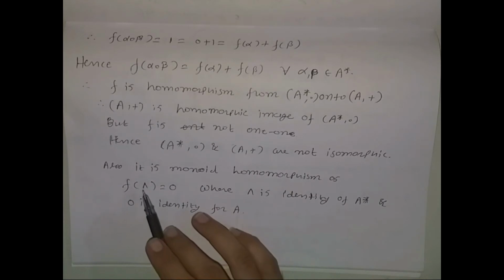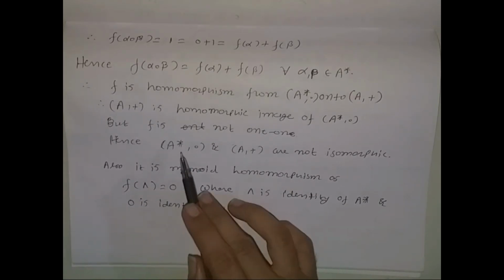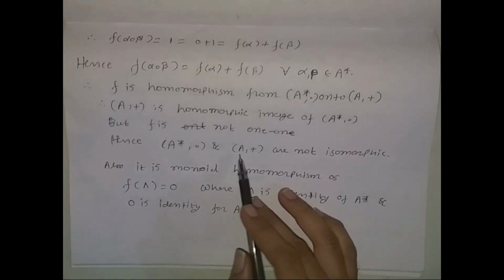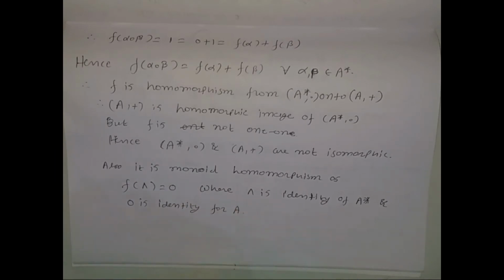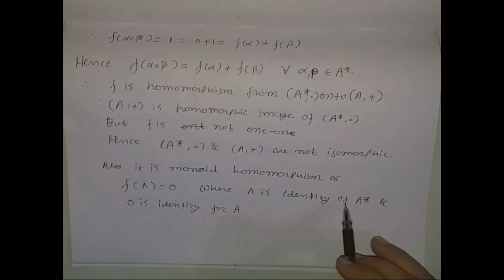So the empty sequence is the identity element for A star and 0 is the identity element for A. By this we can say that this is also a monoid homomorphism, where capital lambda is the identity of A star and 0 is the identity for A.